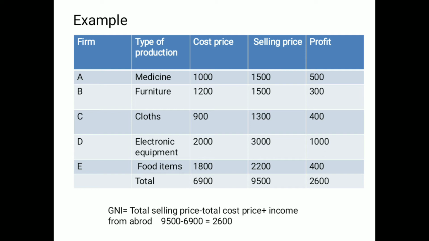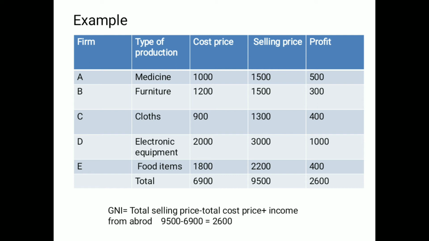Here, for a better understanding of the production method, one example has been taken with the following chart. In this chart, 5 commodities have been taken, and the relation between the cost price and selling price is also given, and according to that, profit can be calculated. The first firm is medicine.